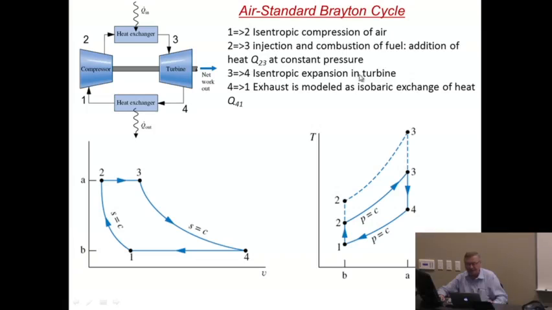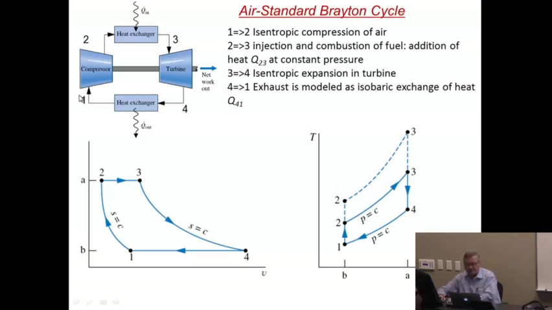It's the isentropic expansion in the turbine, 3 to 4, or in a TS diagram, it's a vertical line, of course, constant S. 4 to 1 is another heat exchange step, 4 to 1 at constant pressure, either through a heat exchanger that's at constant pressure, or because you reject the air outside, where it's, of course, at the same pressure as the air that comes in.